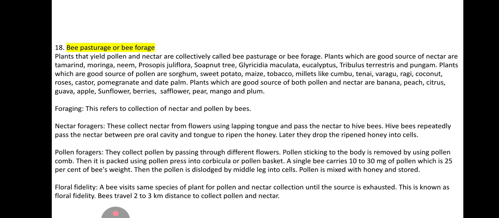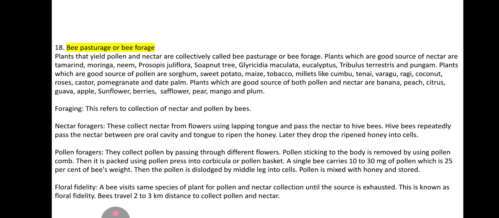Plants which are a good source of pollen are sorghum, sweet potato, maize, tobacco, millets like kambu, thinai, varagu, ragi, coconut, roses, castor, pomegranate, and date palm. Plants which are a good source of both pollen and nectar are banana, peach, citrus, guava, apple, sunflower, berries, safflower, mango, and plum.